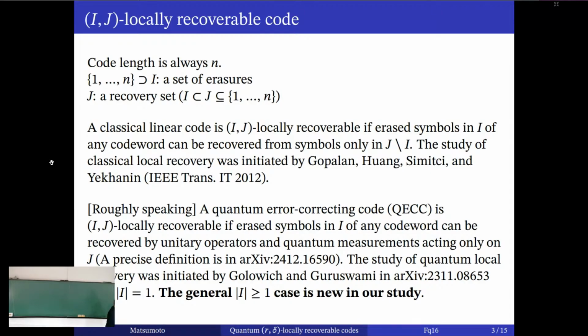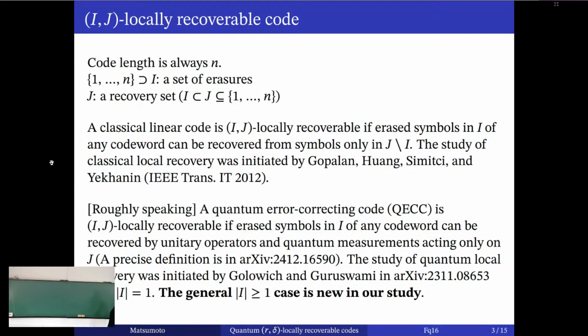Informally speaking, a quantum error correcting code is said to be IJ locally recoverable if erased symbols in I of any code word can be recovered by unitary operators and quantum measurements acting only on the index set J. The precise definition can be found in our ePrint.